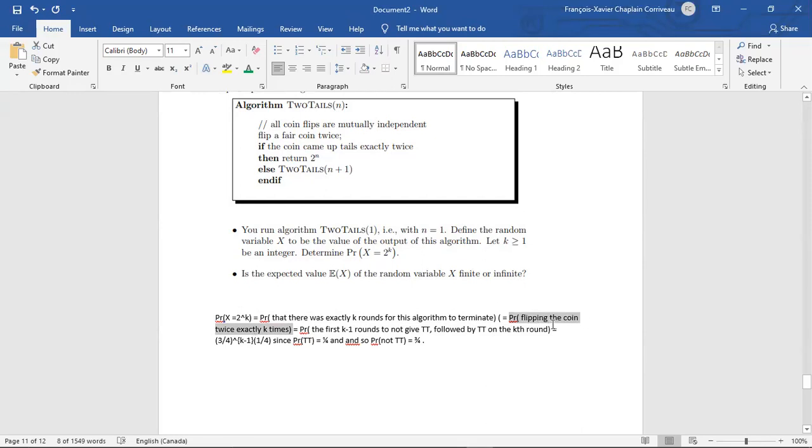It means that I flip the coin twice, exactly k times. So in other words, it means that I had k rounds of this. When I return 2^k, it means that on my kth round, I got tails tails, and in every other trial before, I did not get tails tails. So the first k minus 1 rounds did not give tails tails, followed by tails tails on the kth round.